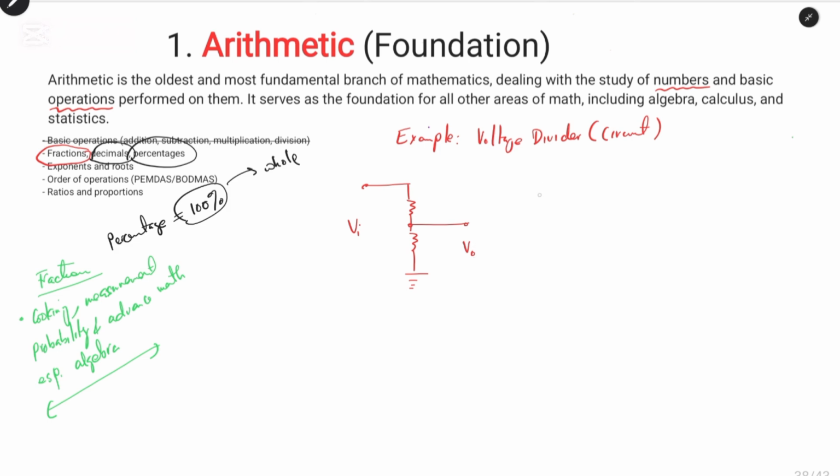And mostly in a voltage divider, the output is always a fraction of the input. So Vout is equivalent to a fraction of the input Vi. Therefore, we can see the term fraction in such a voltage divider circuit.